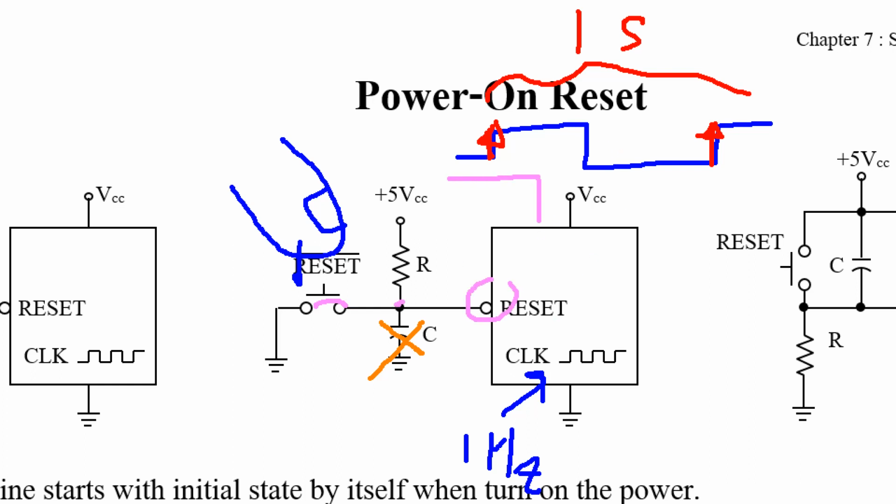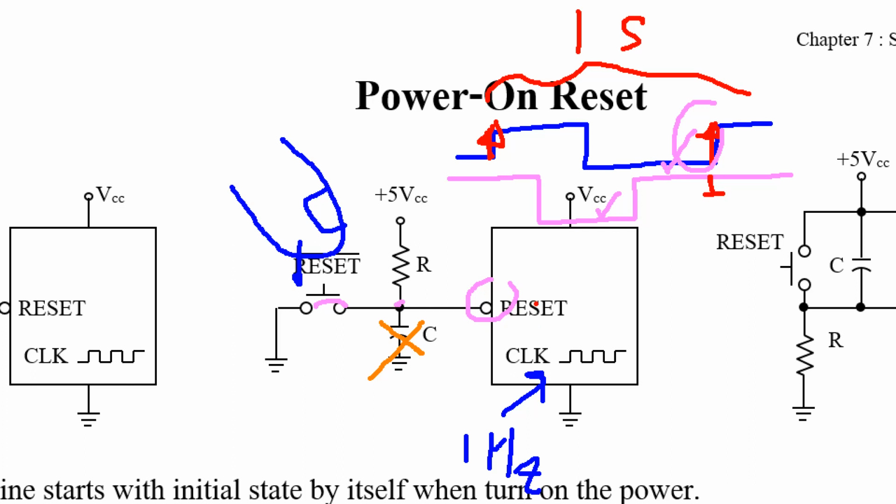If you press and release suddenly, what happened? When the clock ticks at here, it detects logic 1 or logic high, right? So the circuit is not reset.